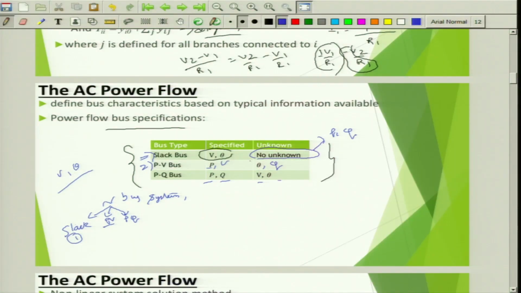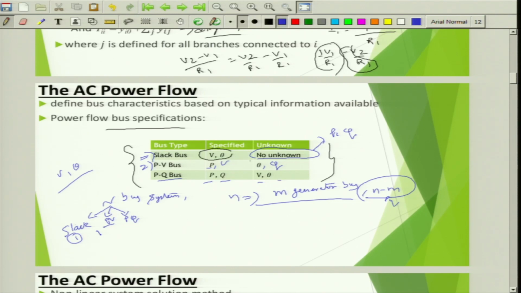So let us consider a total of m generator buses. Among n buses, if there are m generator buses, how many PQ buses will there be? It will be just n minus m. These are all load buses; PQ bus is nothing but a load bus. So if n is the total number of buses, m is the generator buses, and n minus m is the PQ buses, how many PV buses will there be?